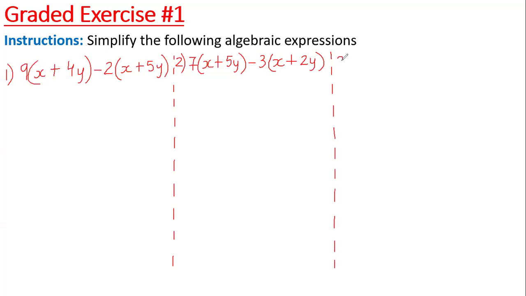Number 3. We have 10 open bracket 2a plus b close bracket minus 4 open bracket a plus 3b close bracket.